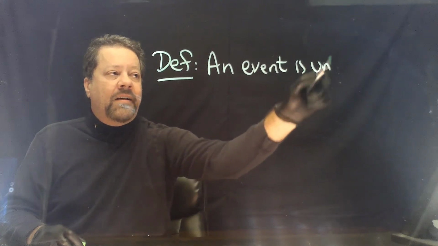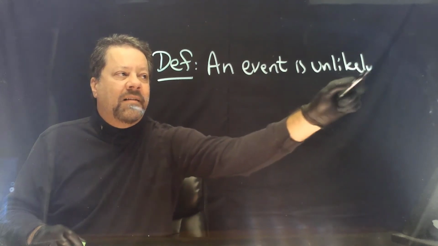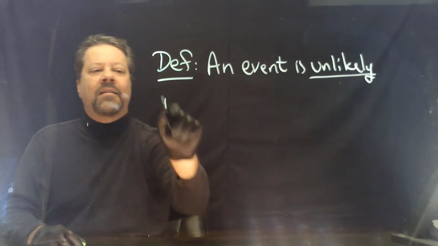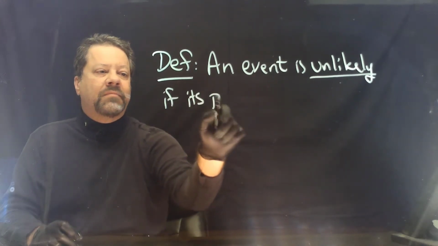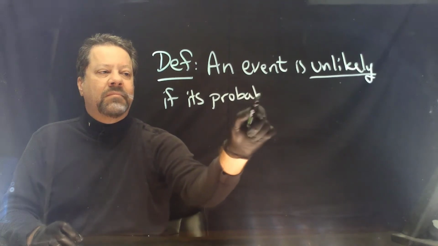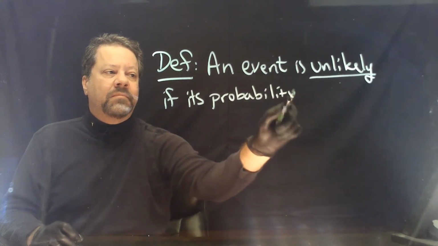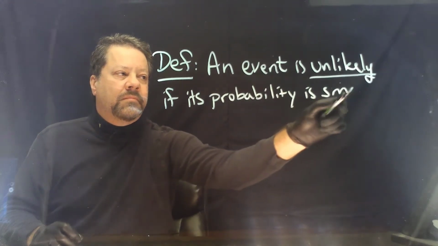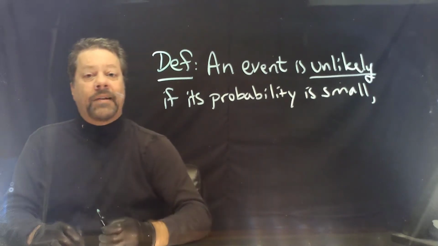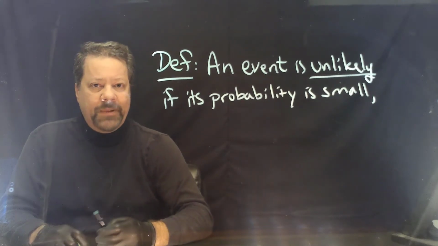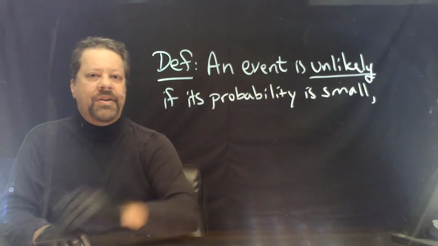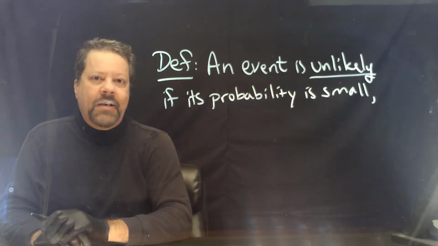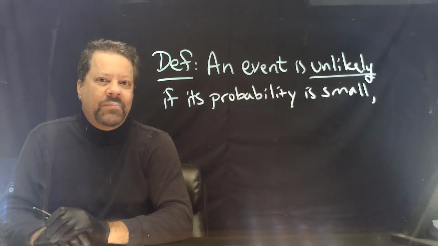An event is unlikely if its probability is small. Now, what do we mean by a small probability? Something close to 0. We're going to establish certain conventions for this course as to what we mean by small.